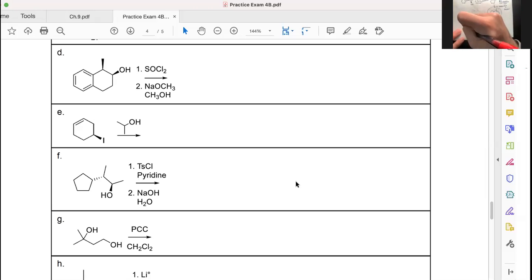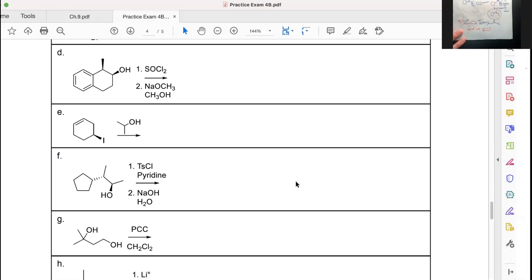Remember the orgo definition of oxidation: loss of carbon-hydrogen, gain of carbon-oxygen. Reduction would just be the opposite. So nothing is possible at the tertiary alcohol, but we can oxidize that primary alcohol into an aldehyde.